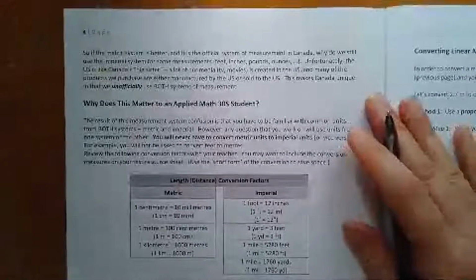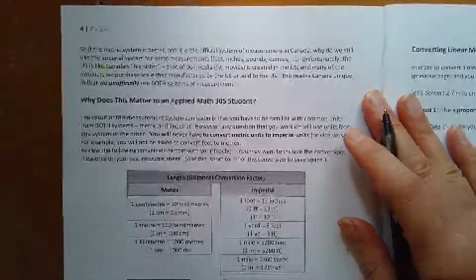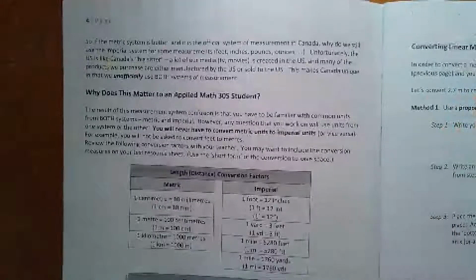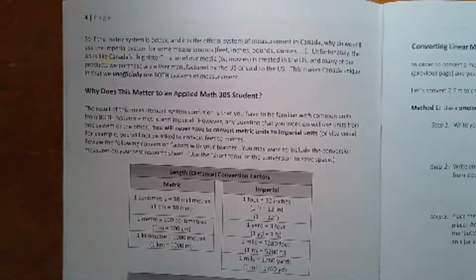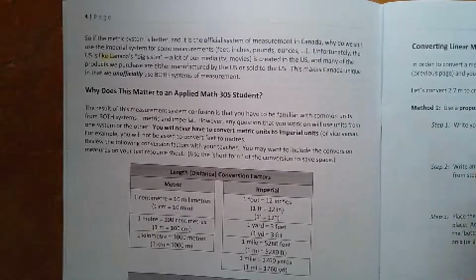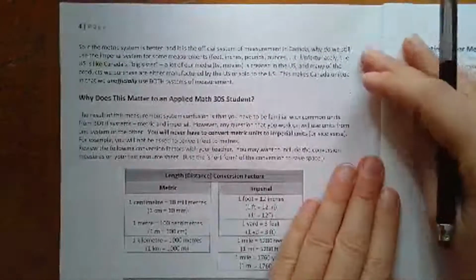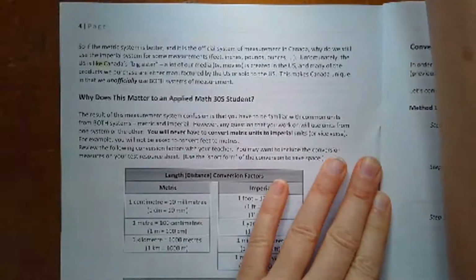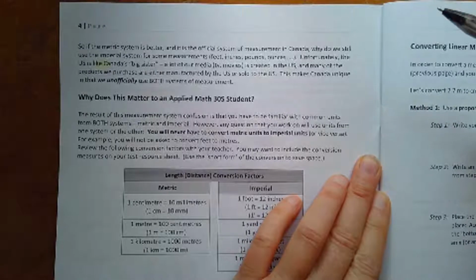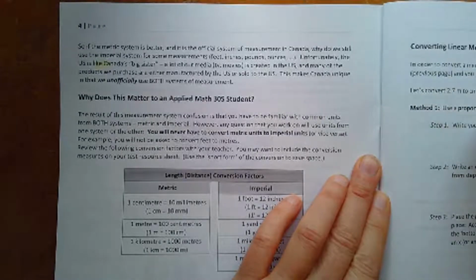Canada, since we're so close to the US, we share so many things. We have to have a knowledge of the imperial system. If the United States wasn't our neighbor, I don't think we would really have that much to do with the imperial system. But because so many of our day-to-day objects use the imperial system, for example, when we go to the store, we still can see things sold or talked about in square feet.